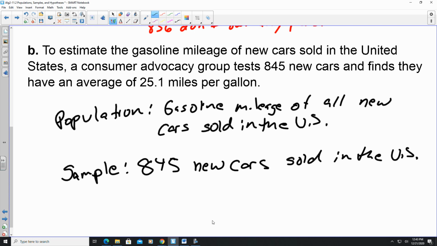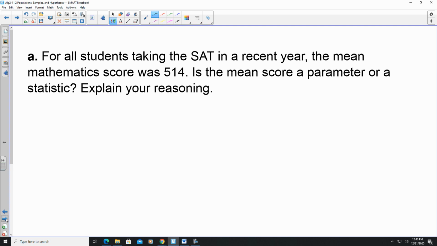And the description of this would be that of those 845 new cars, their average miles per gallon was 25.1.